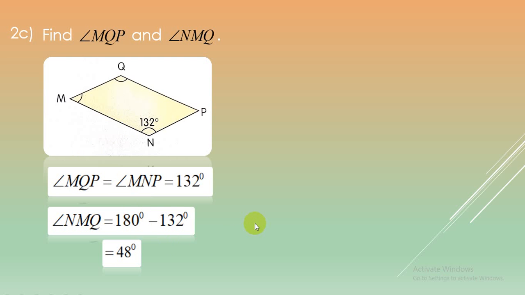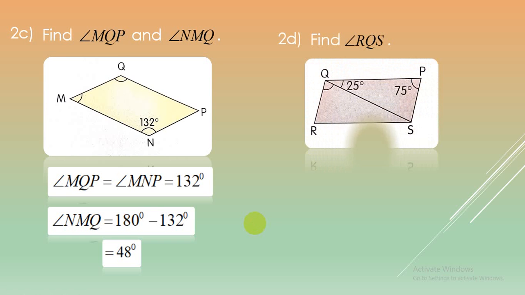Great job. Now the last, number 2D. Find angle RQS. Look at this picture first. Before we find angle RQS, we need to find angle PQR first to help us.